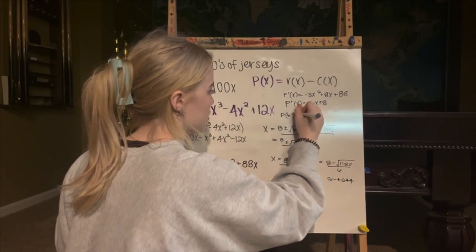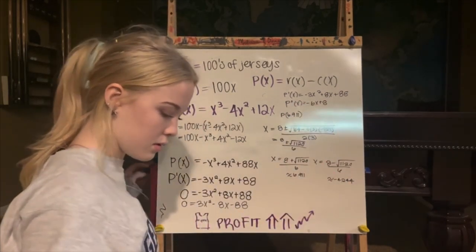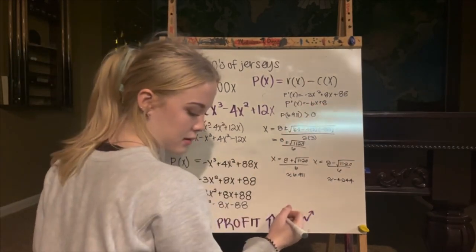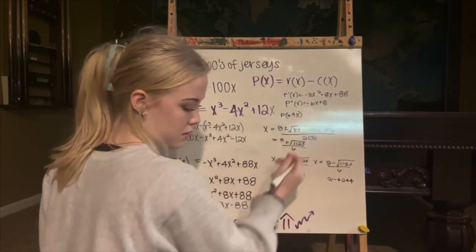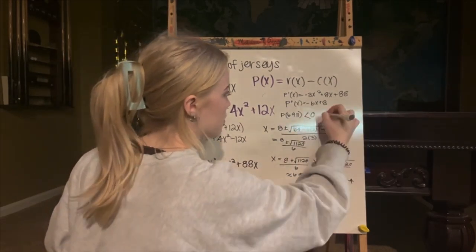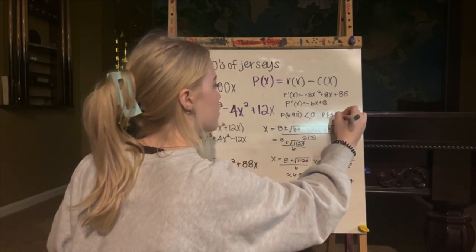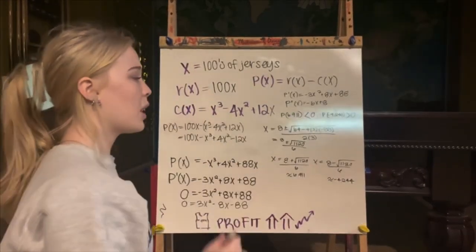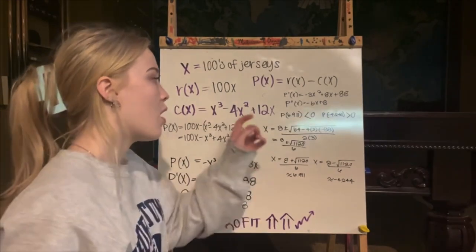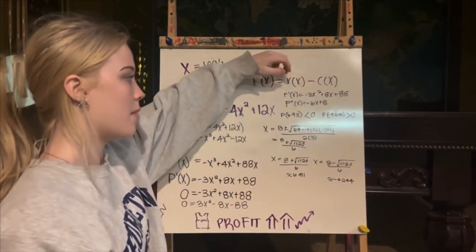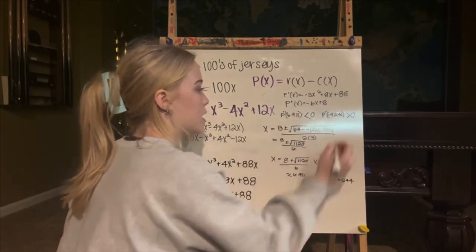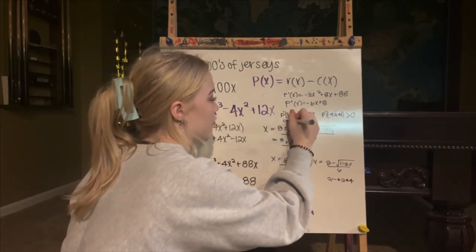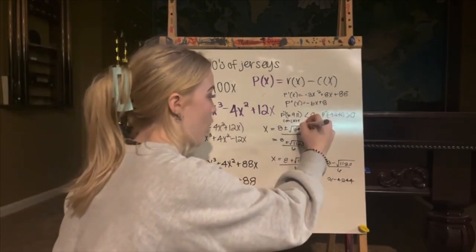And if we plug in our x's into this second derivative function, we will find that, when plugging in the 6.911, our second derivative is going to be less than 0, which is going to mean that our original function is concave down.